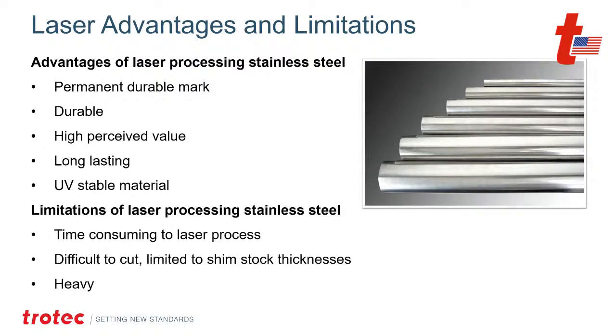I have had some success with shim stock type thicknesses, up to 1 to 3/1000ths of an inch foil thicknesses of stainless steel, but it is not a very viable application for cutting metals. And so we don't really recommend that. And our systems aren't really designed for cutting, especially anything thicker than a foil thickness. So that is definitely a limitation for stainless steel. Mechanical means are a much more efficient method. And then, of course, the other limitation is a heavy material tends to be a little more expensive as well.